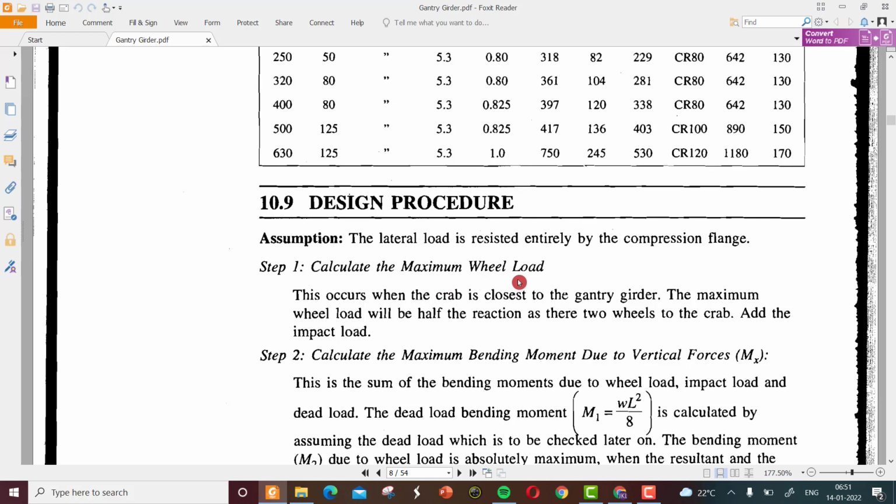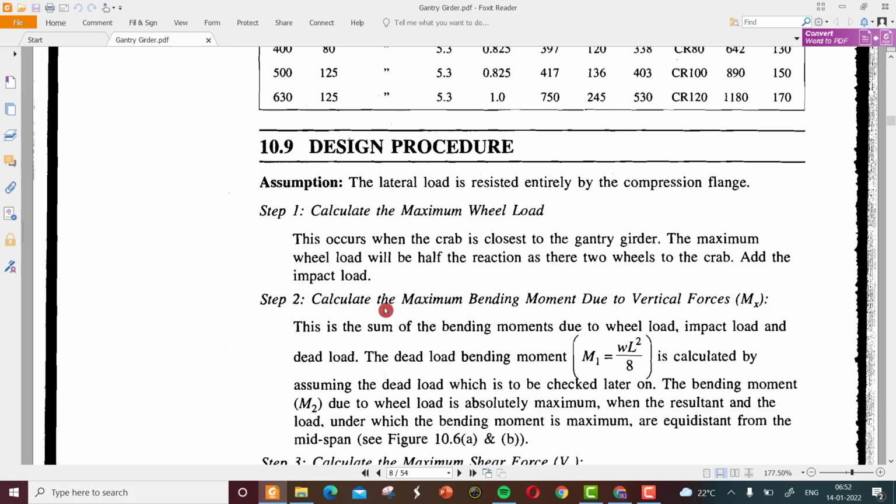The maximum wheel load includes the weight of the crane bridge, then the crab trolley, then the lifting weight, and all those things. This occurs when the crab is closest to the gantry girder, and the maximum wheel load will be half the reaction of the two wheels of the crab and the impact load. So this will be the first calculation, maximum wheel load.